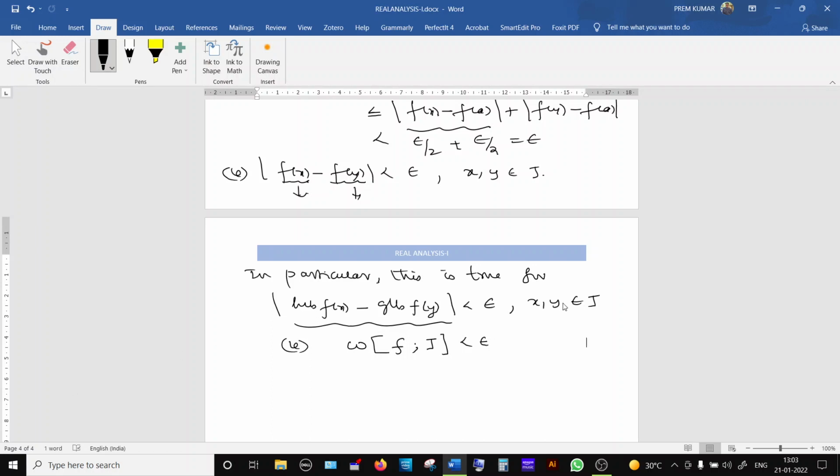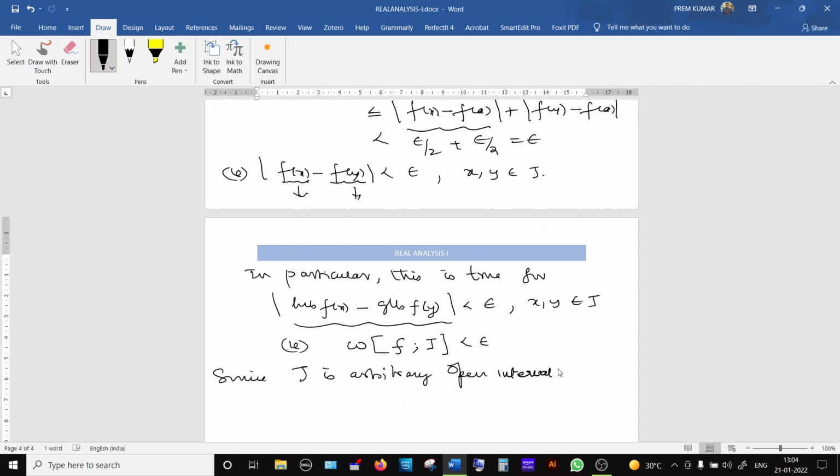So this is true for any two elements of J. You can take this y as x itself. So this will become the oscillation of the function over J, where the elements x and y belong to J. Since J is an arbitrary open interval, you can check it.